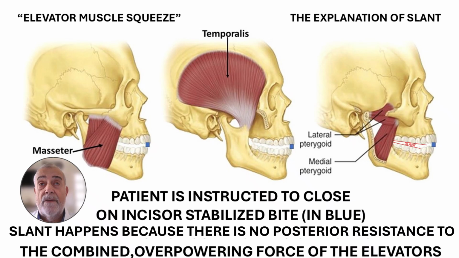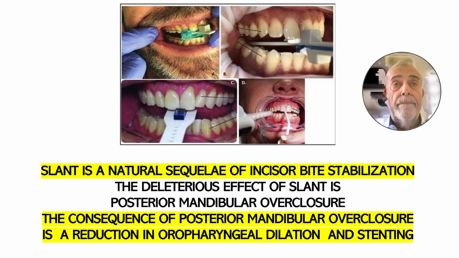Slant is natural. Slant occurs. You weren't taught about this in dental school, but it is reality. Slant is a natural sequelae of incisor bite stabilization.